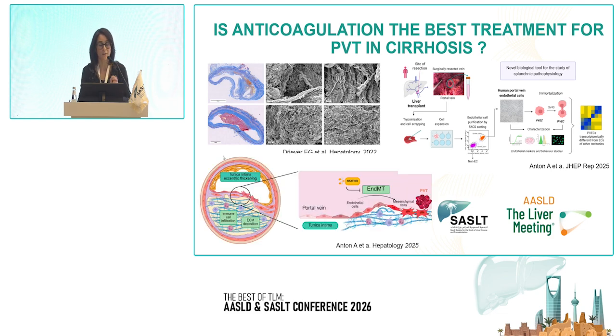What we identified is that these endothelial cells transform and become myofibroblasts, and they start proliferating and secreting collagen within the wall. We think this is why the portal vein of these patients gets very, very thick. Then you have a stagnation of the flow, and this is a process called endothelial to mesenchymal transition that seems to be very relevant, and maybe statins may have a beneficial role here besides anticoagulation. So let's see in the future.